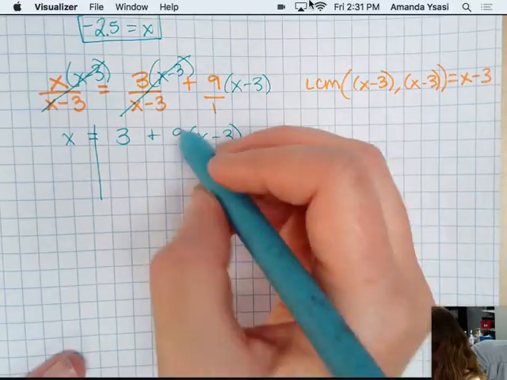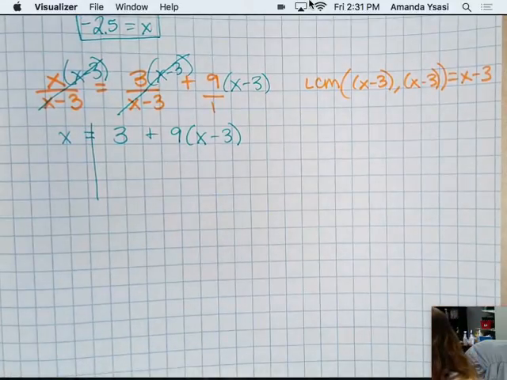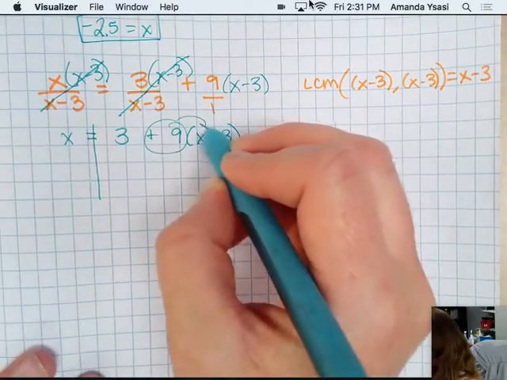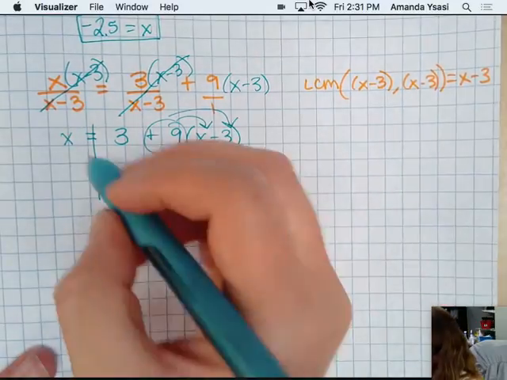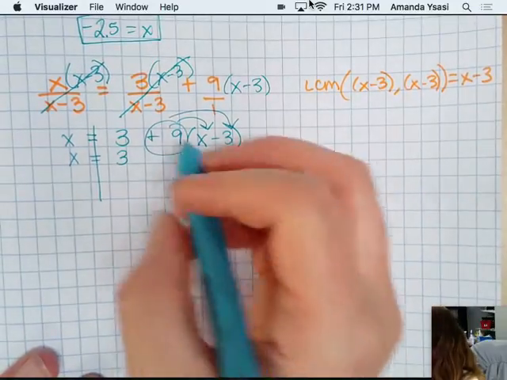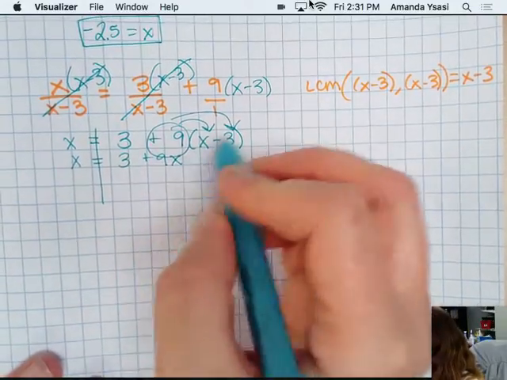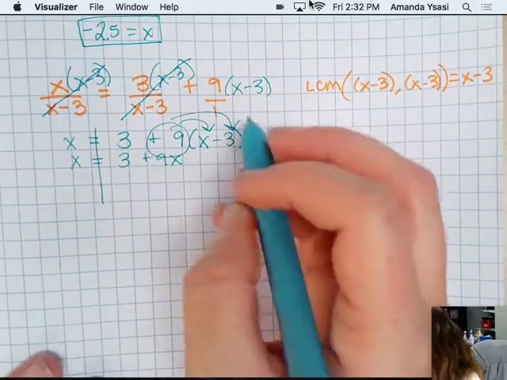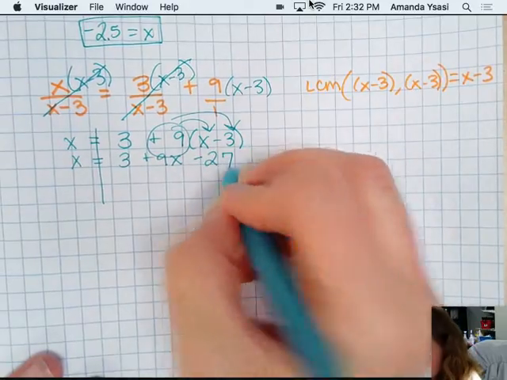Then we have to simplify both sides before we start moving things around. So we're going to distribute the 9. So x equals 3 plus 9x, 9 times a negative 3, negative 27.